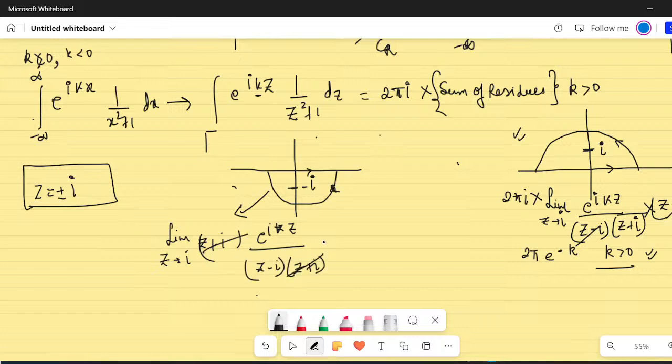This gets cancelled and you will get e to the power k. And 2 pi iota would also be multiplied here, so iota gets cancelled with iota. Sorry, if you replace minus iota here, this will be like minus 2 iota, so this will be pi, and there will be a negative as well.